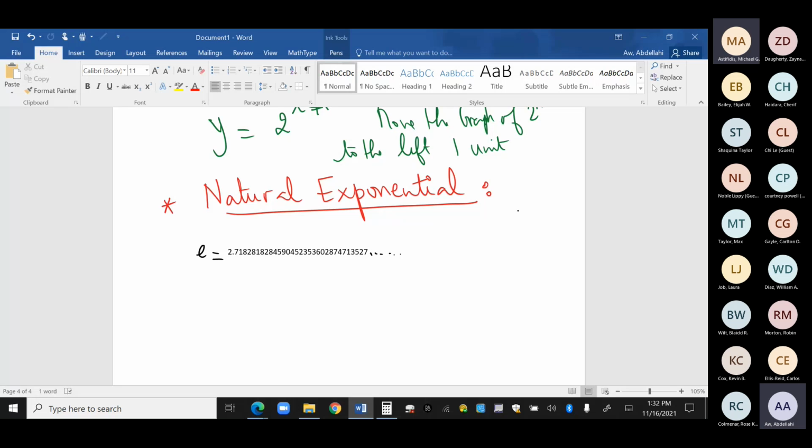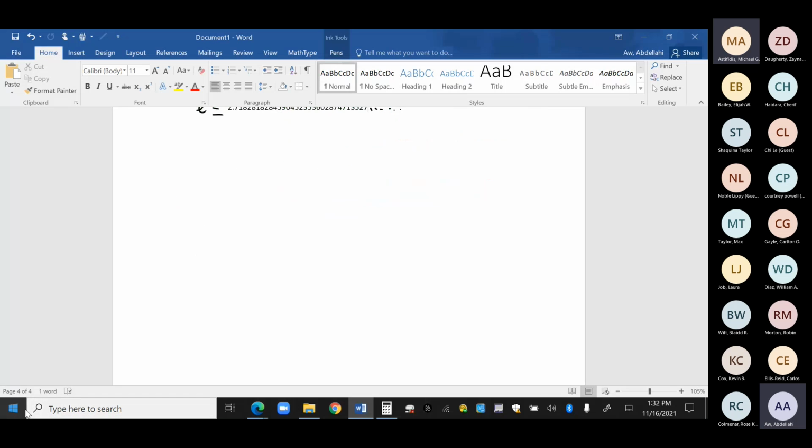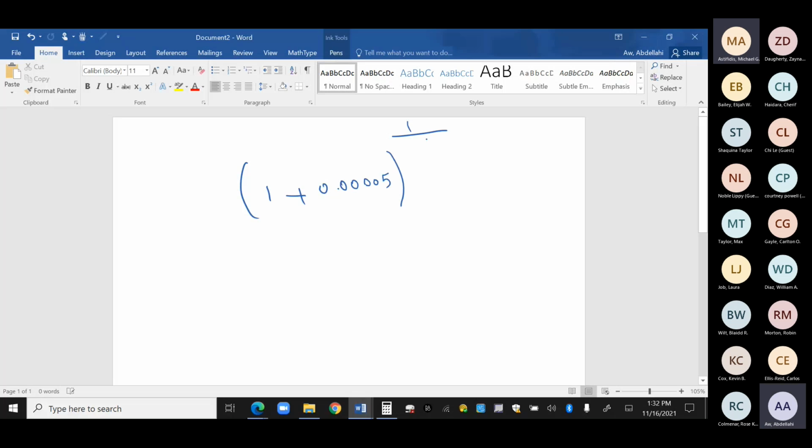Now, where does the number e come from? If you do a little bit of calculus, you can take your calculator and do 1 plus 0.00005, raised to the power 1 over 0.00005.